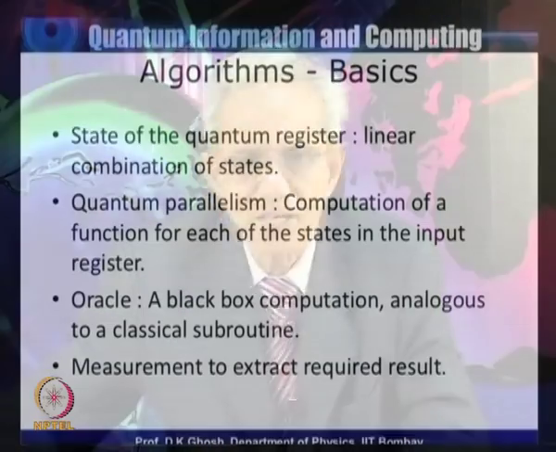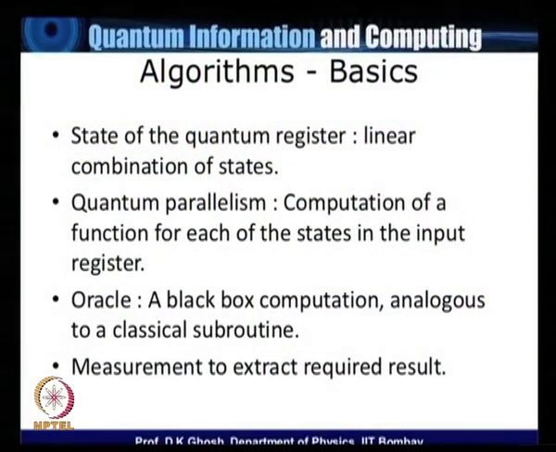And for that, let's look at what are the very basics of the algorithms that we are going to talk about. The first question is this, that like any other computer, our quantum computer model has quantum registers corresponding to input and those corresponding to output. The difference, as we have pointed out several times, is that while the classical register at a given time can only contain a particular state, the quantum register can contain a linear combination of states.